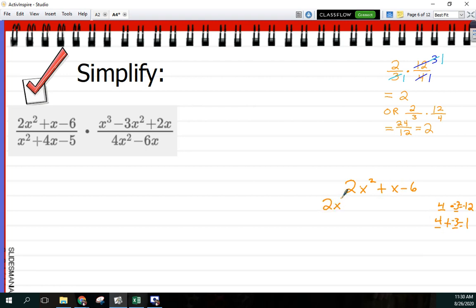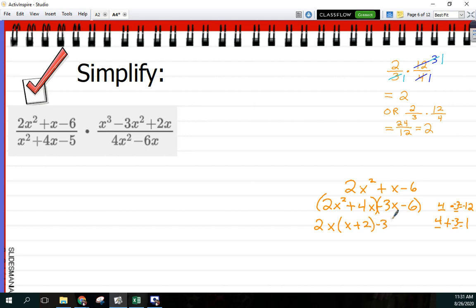Then I'm going to use those two terms to break apart my middle term. This time my leading coefficient is not 1, so we can't just say x plus 4 times x minus 3, because then I would not get that 2 out in front. So we do have to break apart our middle term and then factor by grouping. I factor out a 2x from my first group, and I'm left with x plus 2.